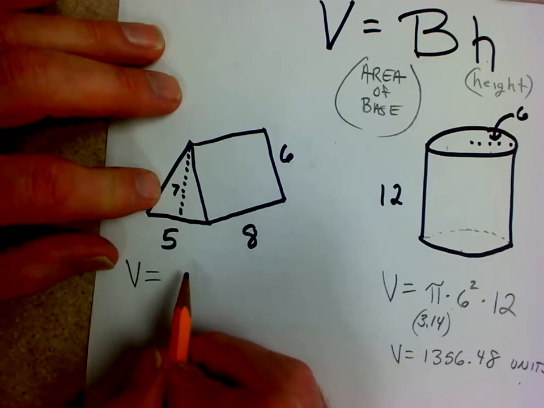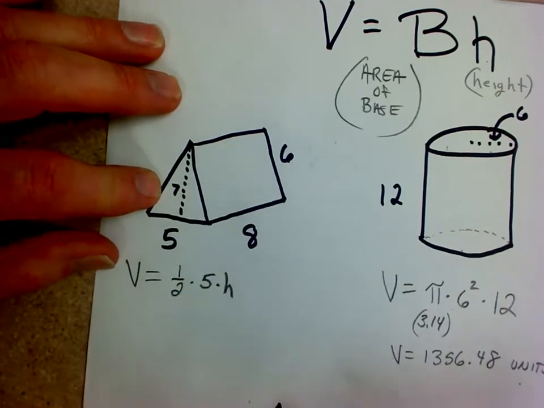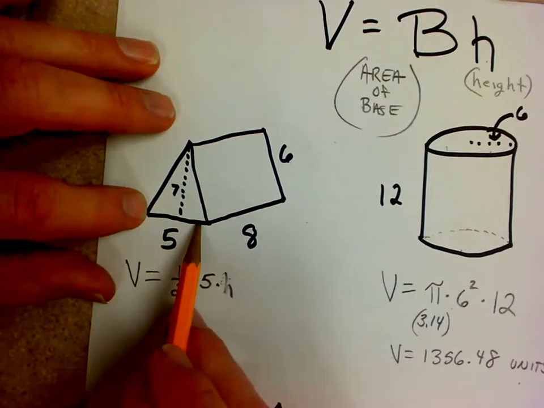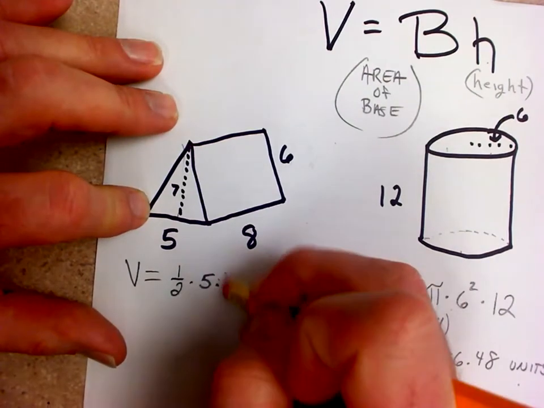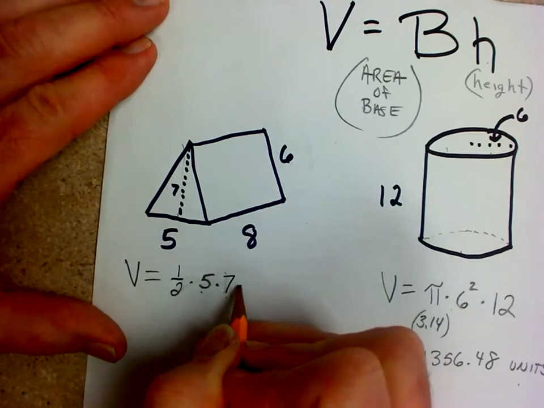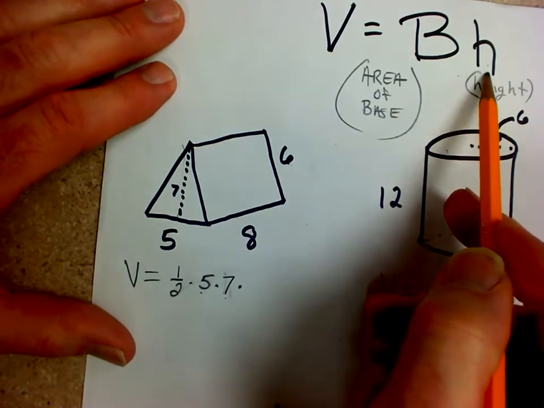For that, our formula is 1/2 base times the height. So for our triangle, the base is 5, height is 7. So 1/2 times the base times the height. And then the last part of our formula is to multiply by the height of the solid.